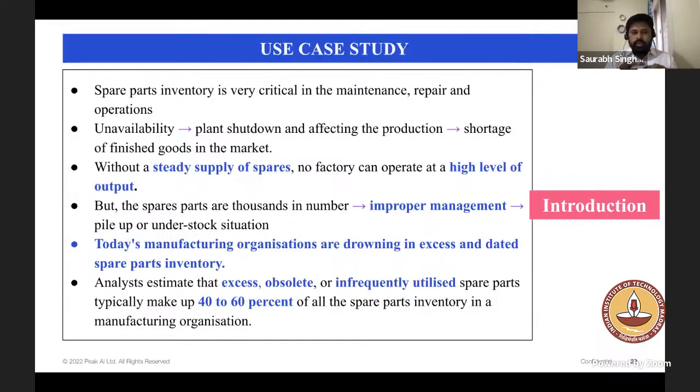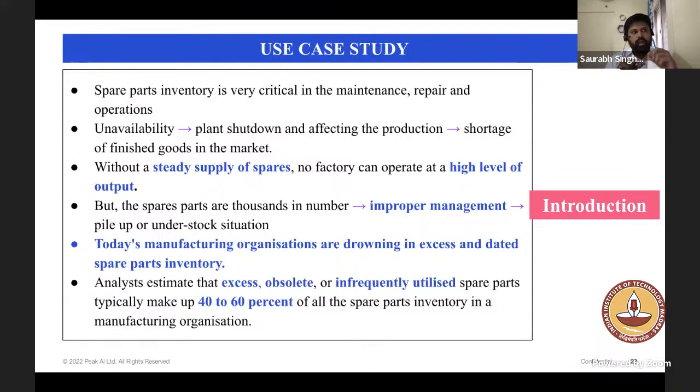Now, what is a spare parts inventory? For any manufacturing organization, spare parts inventory is very critical in maintaining, repairing, and keeping the production operations smooth and up and running, right? These are inventory which does not directly contribute to the production of the finished goods.